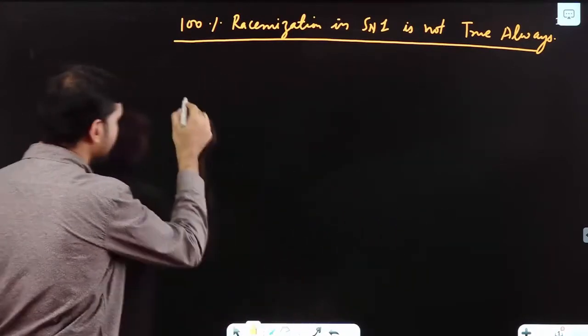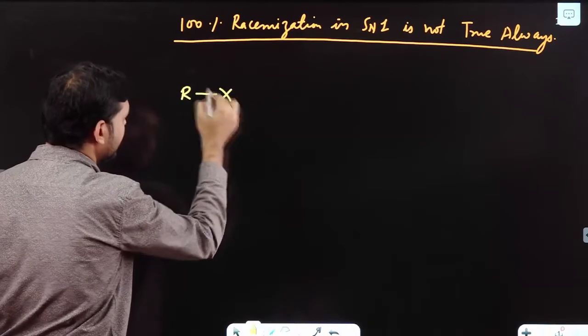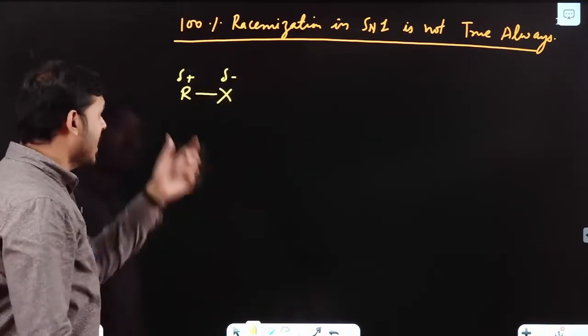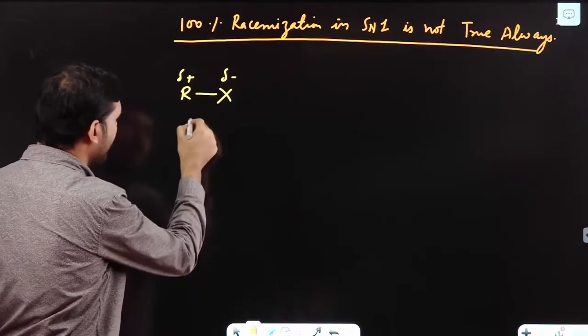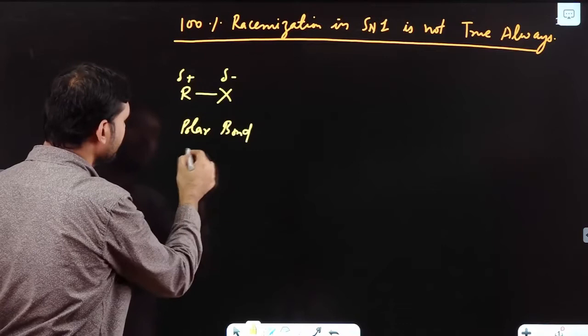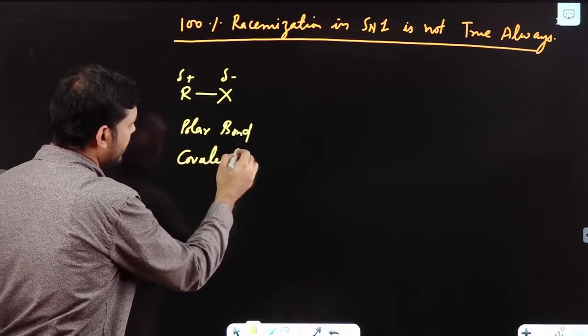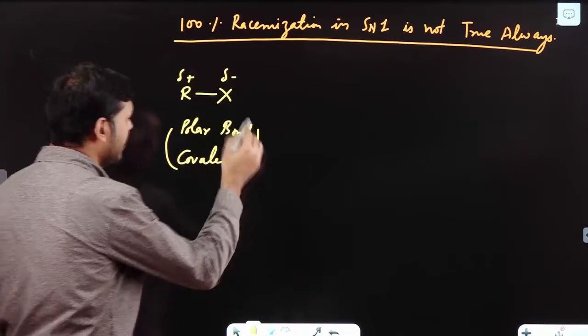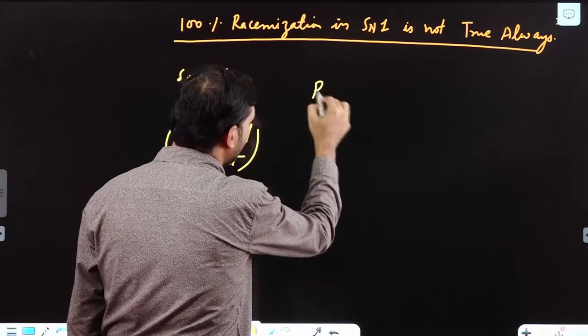Okay, suppose you are having R-X, this is having delta positive charge, this is having delta negative charge, and this is having polarity, a polar covalent bond. Okay, it is your substrate. What will happen?